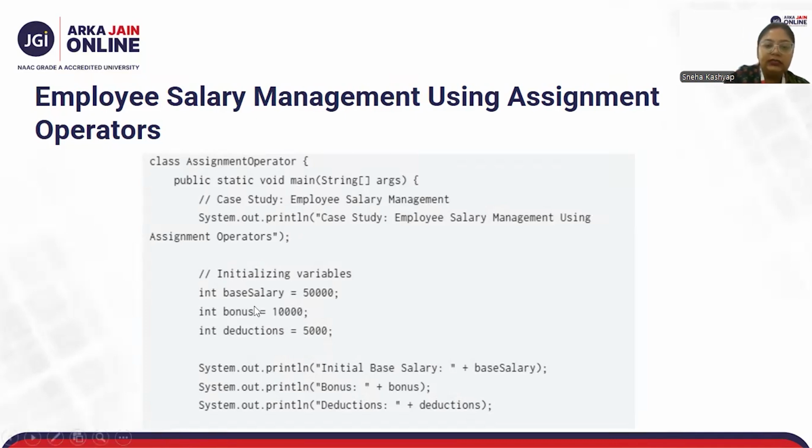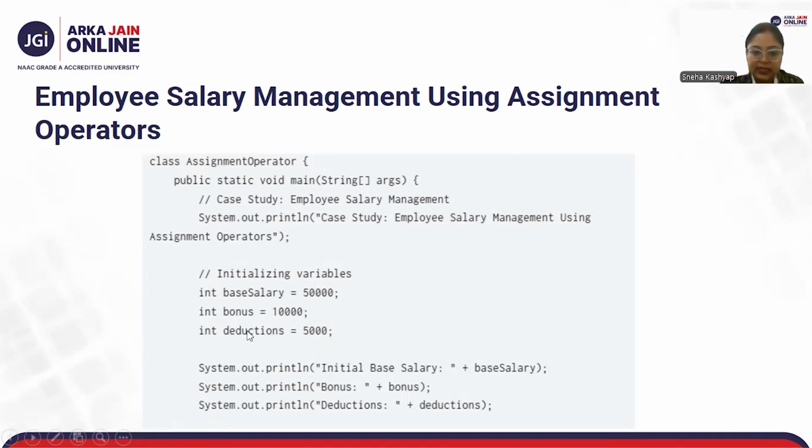Now, in the program, what I've done is I've taken a main function. In this, I'm giving a system.out.println where I'm showing that this is a case study on employee salary management using the assignment operator. Now here I'll simply declare and initialize the values. In order to declare and initialize, I've taken three variables.